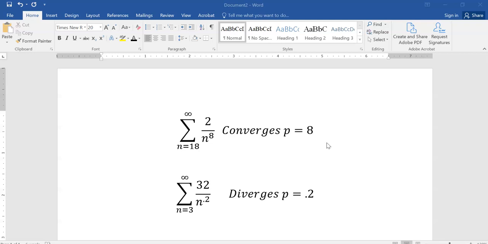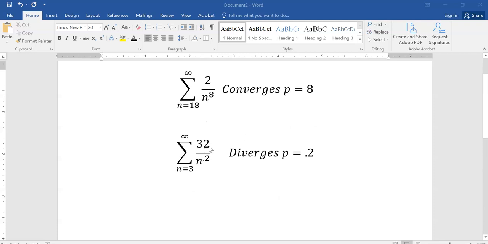So it converges, p is equal to 8, 8 is bigger than 1, converges. Same thing, 32 over n to the 0.2, starting your count at 3. The important thing when we integrate is that p is equal to 0.2, which is less than 1. p less than 1 means diverging.